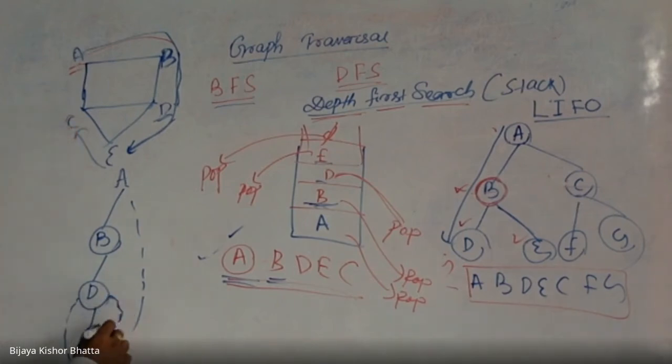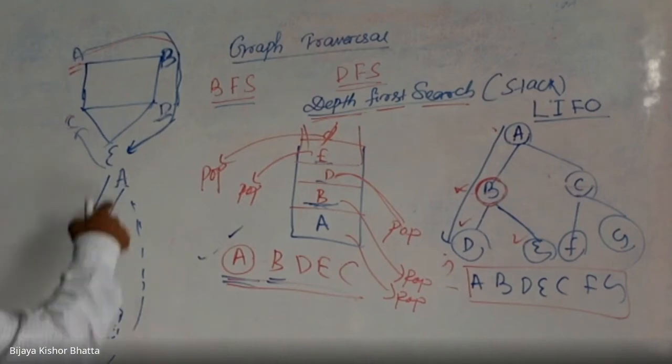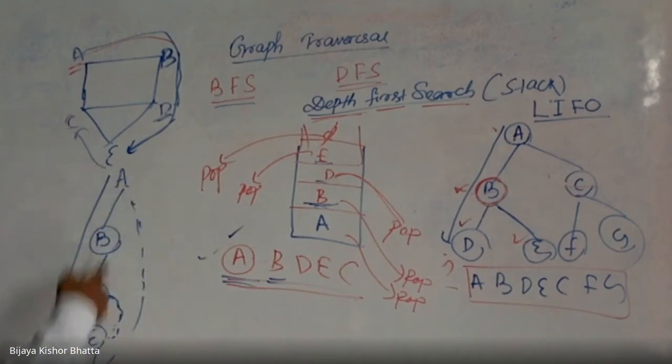If I draw this particular series, you'll see I have covered them depth-wise, right? Although in the graph you can go from here to here, I am covering this depth. That's why it is known as depth first search.